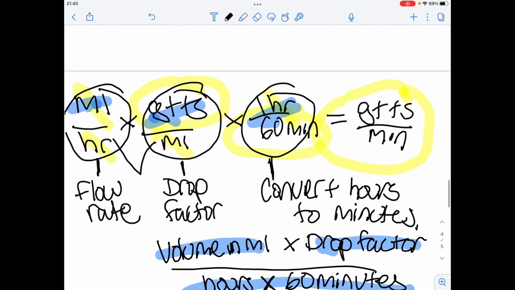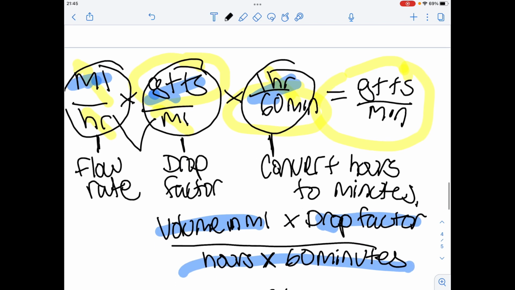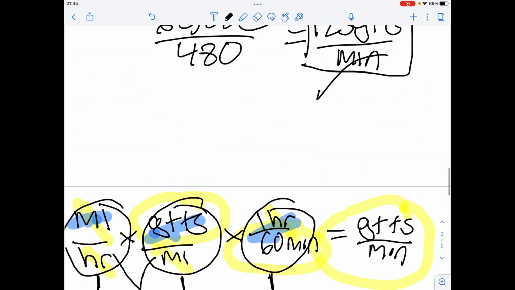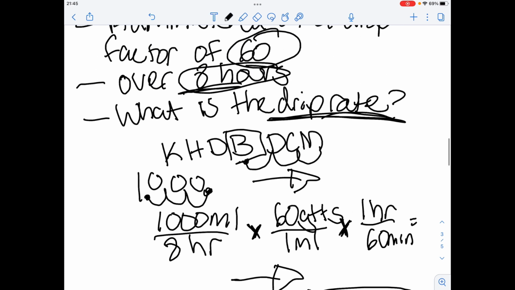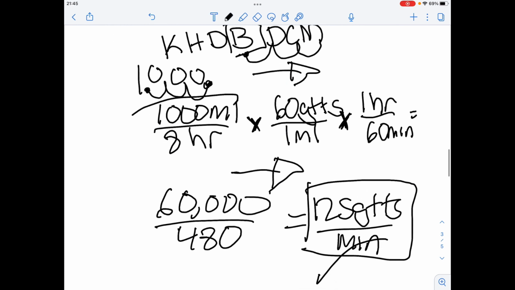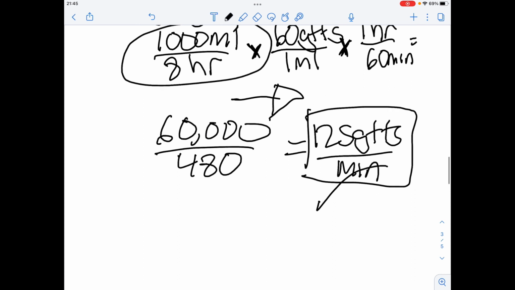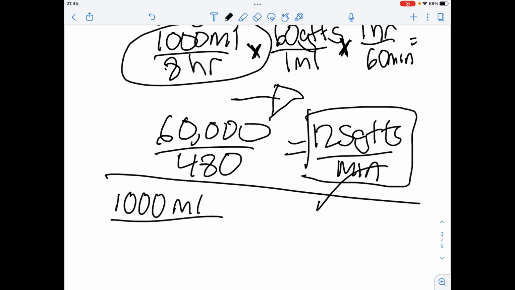Now, let's just say that we need to find the actual flow rate in 1 hour. So right here, as I said, we can solve using the flow rate in any amount of hours. But sometimes you might need to find it per 1 hour. So, what you would do for that is you would take the flow rate that you found here, 1,000 milliliters over 8 hours, and you would set that equal to 1 hour over, and we need to find the amount of milliliters.